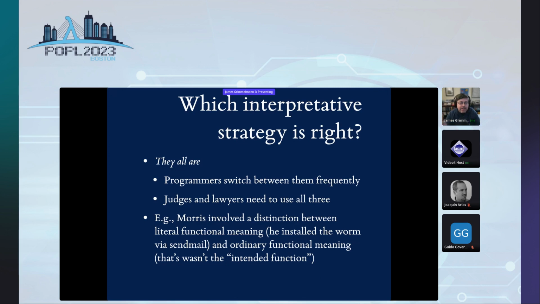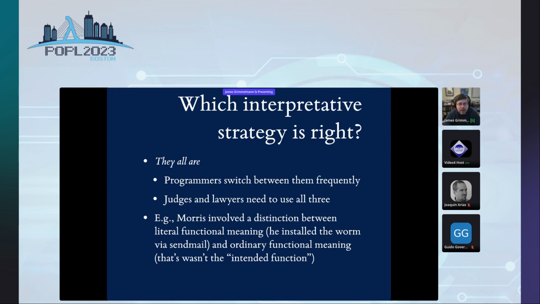They're looking at the divergences between these three meanings in order to understand why the program isn't working. And similarly, judges and lawyers who are looking at computer programs and trying to figure out what their legal effects are going to need to switch between these strategies.